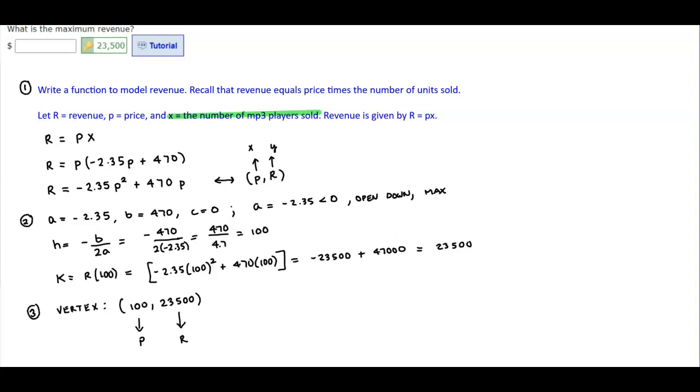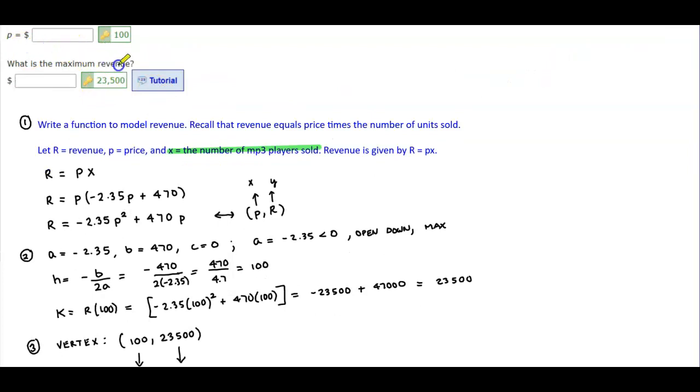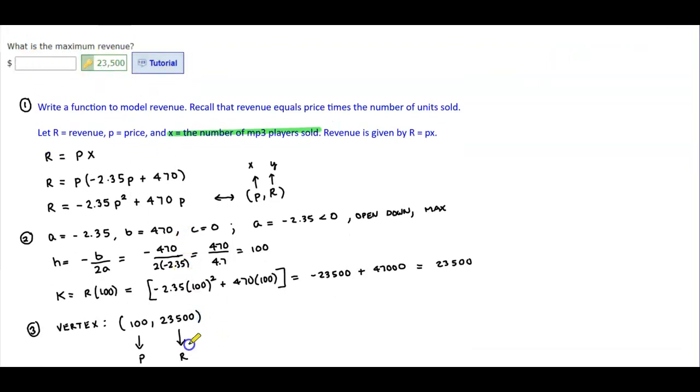So the price of the MP3 players that will maximize the company's revenue is P equal to $100. And the maximum revenue is the maximum value, which is $23,500.